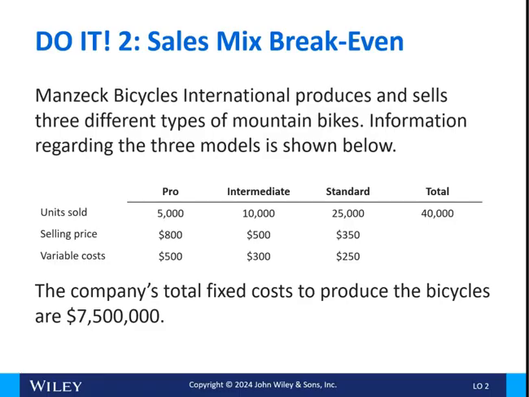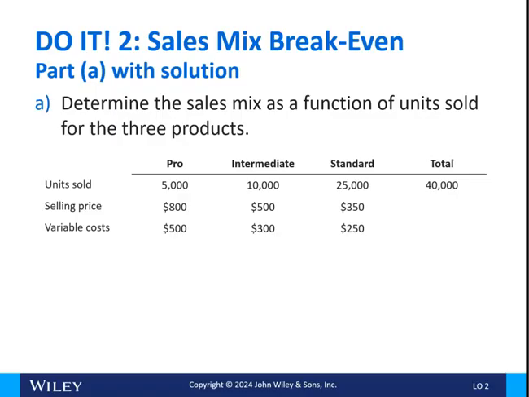So now we've got 3 products instead of the 2 divisions or 2 products that we've seen before, but we can go through the same steps to calculate the sales mix and contribution margins. So we'll start with sales mix using units sold. We take the units sold for each product, Pro, Intermediate, and Standard, divided by the total.